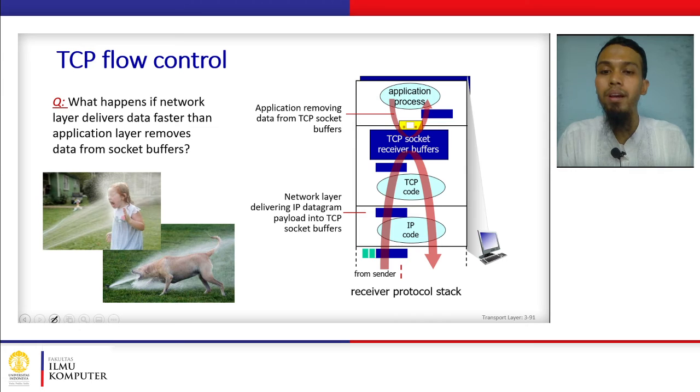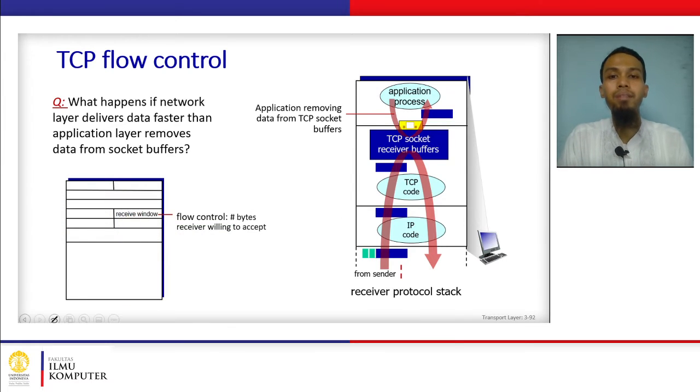In the same way, we are wasting a lot of bytes from the sender. If we are sending lots of bytes faster than the application at the receiving side can take from the receive buffers, then we are wasting a lot of bytes. So then there is a concept of flow control, in which the receiver sets the bytes it is willing to accept, in the receive window.